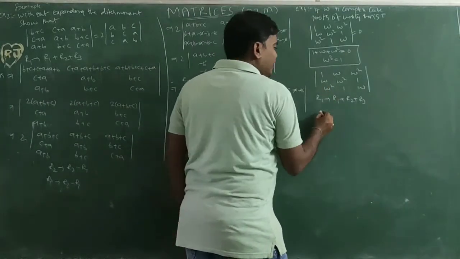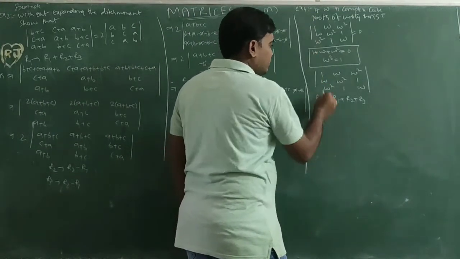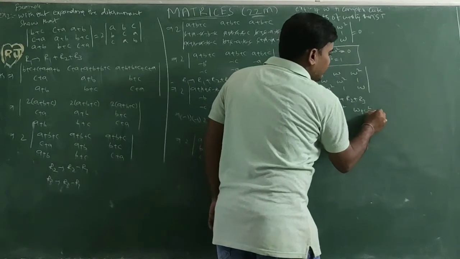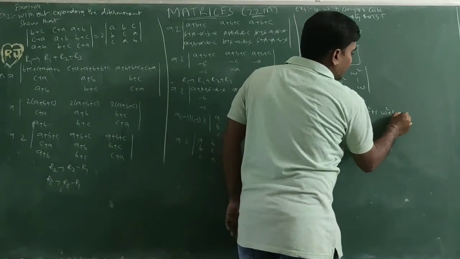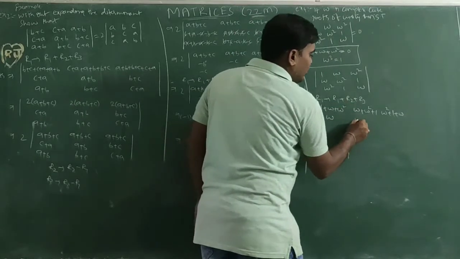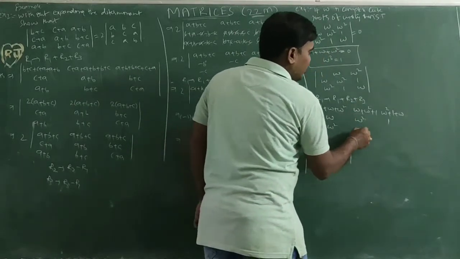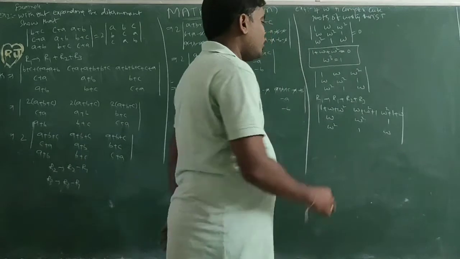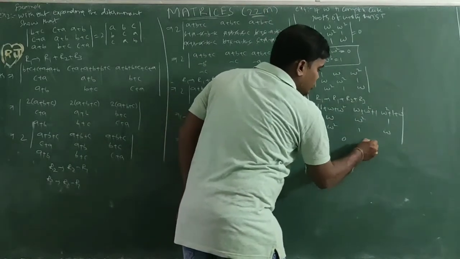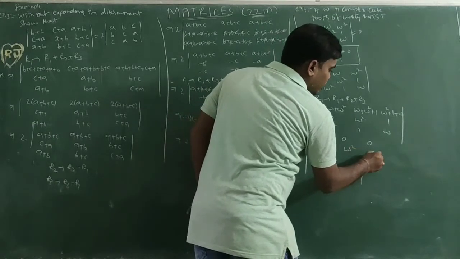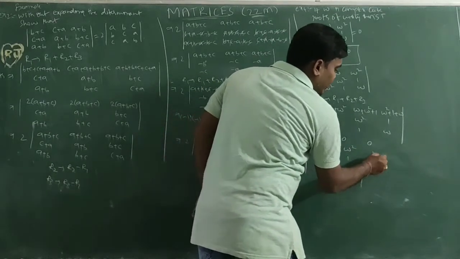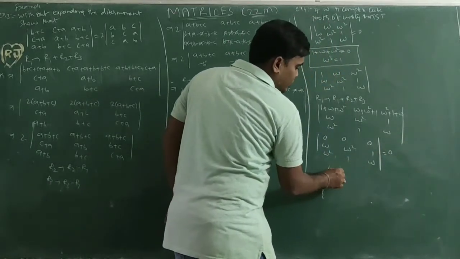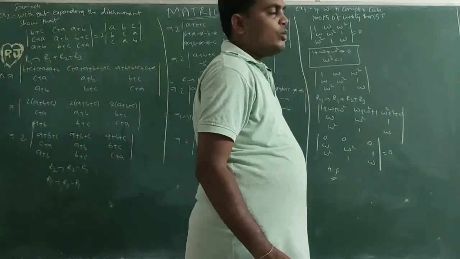So if we do R1 plus R2 plus R3, what happens? 1 plus omega plus omega square, omega plus omega square plus 1, omega square plus 1 plus omega, and the remaining rows stay the same. We already know 1 plus omega plus omega square equals 0. So the entire row is 0, 0, 0, and the determinant is 0. Hence we have proved it is equal to 0.